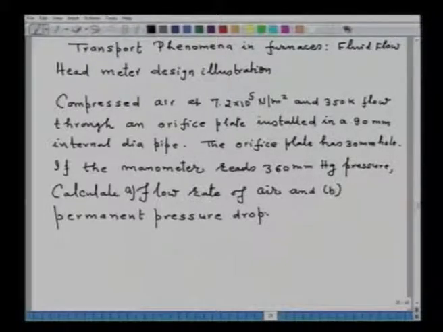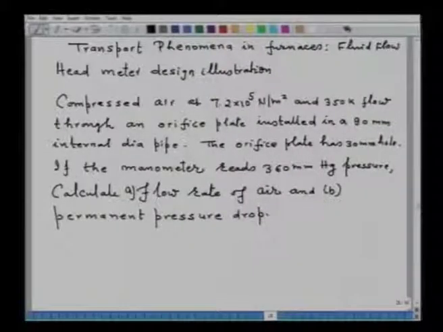Now, as you recall, here the orifice dimension is given, it is a 30 millimeter hole. But from the consideration of the fluid flow lines through an orifice, all of you are aware that the minimum cross sectional area is not the diameter of the hole, but some distance downstream of the hole, and hence the diameter is somewhat lower.